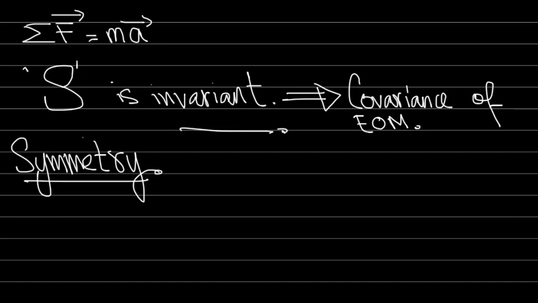However, symmetry also plays, in fact, a more fundamental role in determining the type of dynamics in certain physical theories, right? So symmetries tell you the type of dynamics of the system. Let me give you an example, right? You have special relativity.